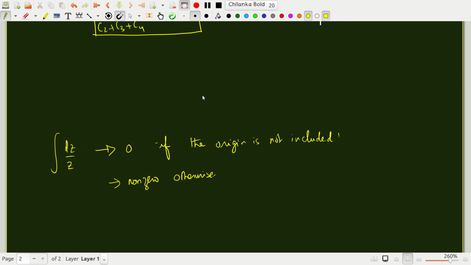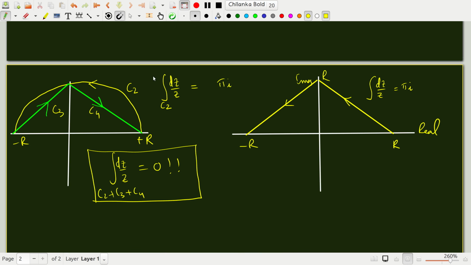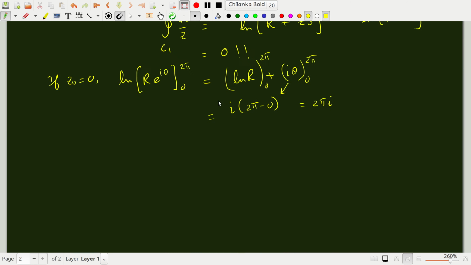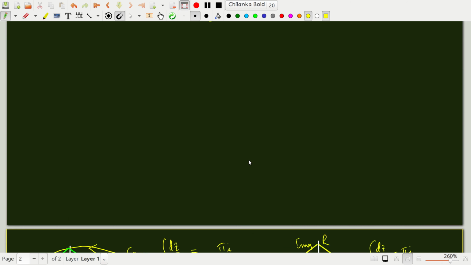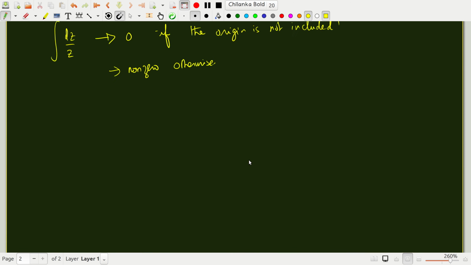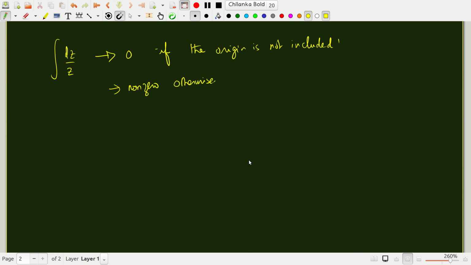The reason why I showed these two different contours, the one we had in the previous working where the circle is displaced from the origin and the origin was not enclosed, is to show this fact that it is independent of the path.